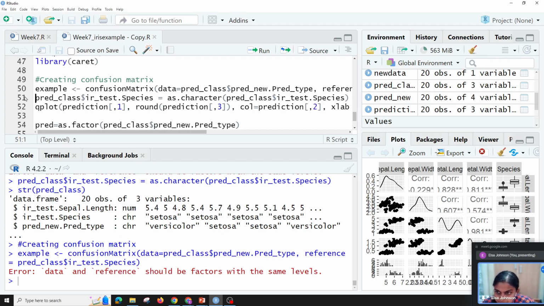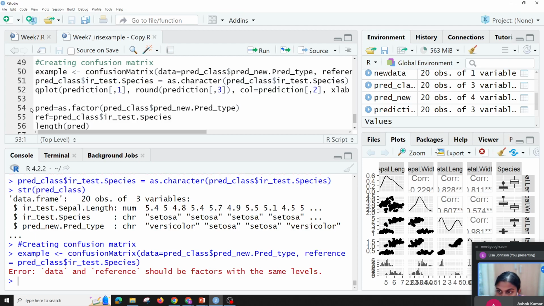Now if you see, ir.test.species is right now a character, and again if you run the confusion matrix it is coming like this. It says it should be factors with same levels. So what I'll do is give pred and reference both, I'll convert it to factor.